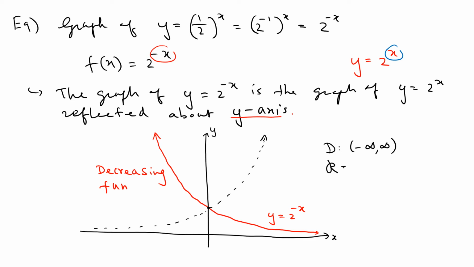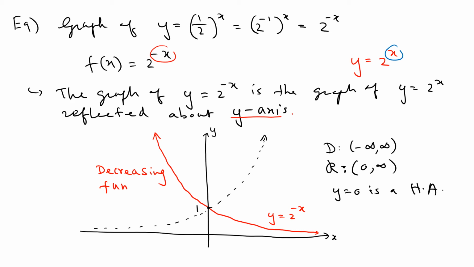The range is 0 to infinity. It also passes through the point (0, 1), and y = 0 is a horizontal asymptote. So you have all those features for this graph as well.